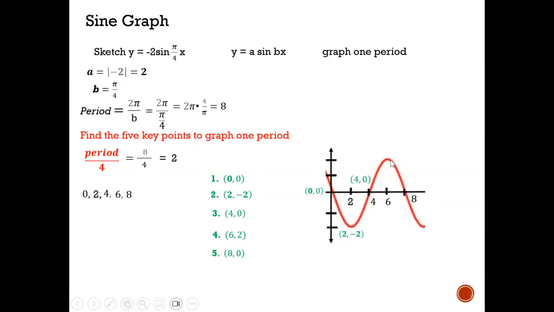My fourth point will be 6, 2. And the last one is going to be 8, 0. And again, because this is negative, it goes down first, and then it goes on the same sequence. The positive graph, guys, went like this, up, and then down, and then up again. But this is the graph of this particular problem here.